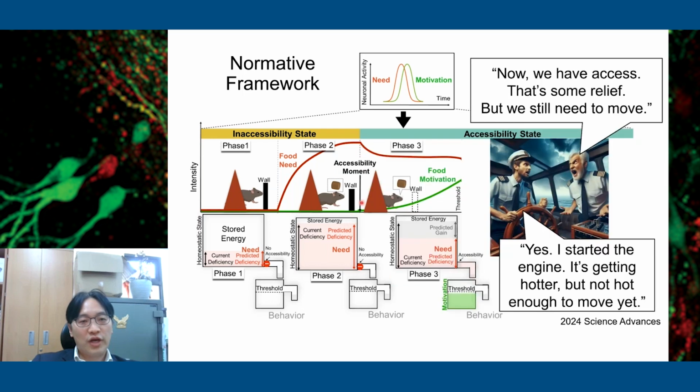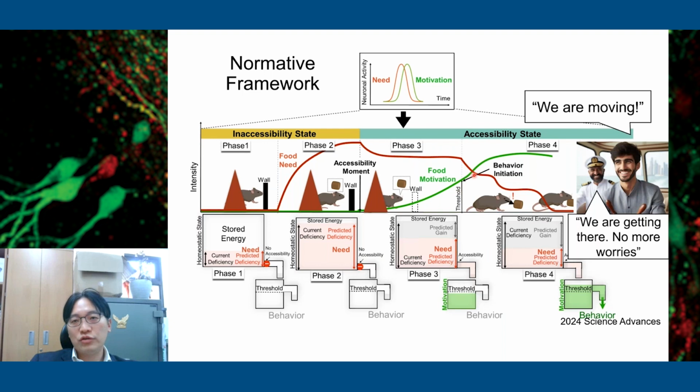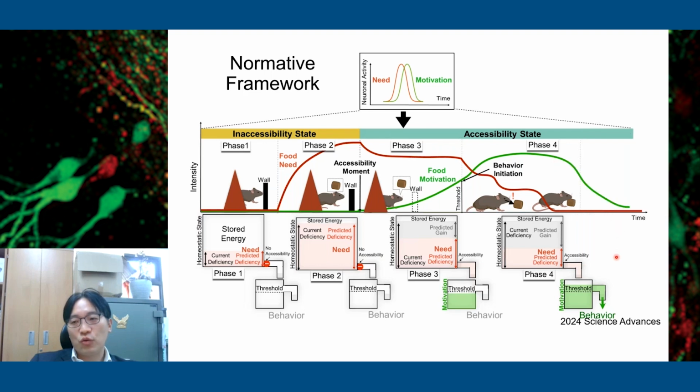But once you have access to food, then your motivation starts to increase a little, and your need decreases because you predict that you will get something soon. And as soon as your motivation reaches a certain threshold, your behavior initiates, and then you move to your goal. And as you finish your goal, everything ends.